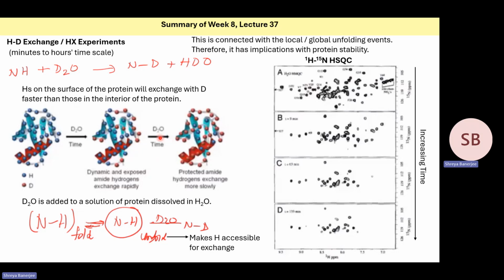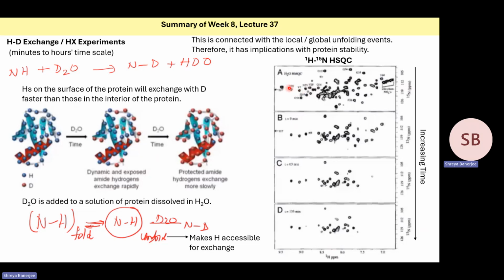Now here you have a 1H15N HSQC shown, and from top to bottom it is increasing time. The top is when time is 0, that is initially, then you have 9 minutes, 63 minutes and 133 minutes. You can see there are so many peaks in the first case, which is at the start of the experiment when all the amide protons are present. Each peak corresponds to one amide proton.